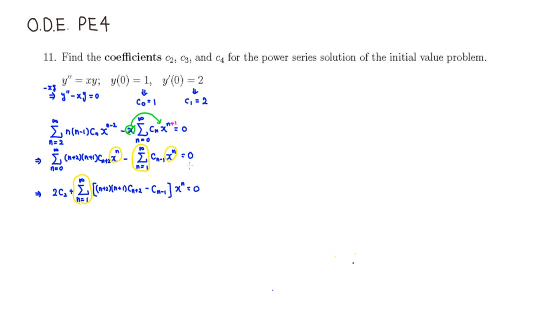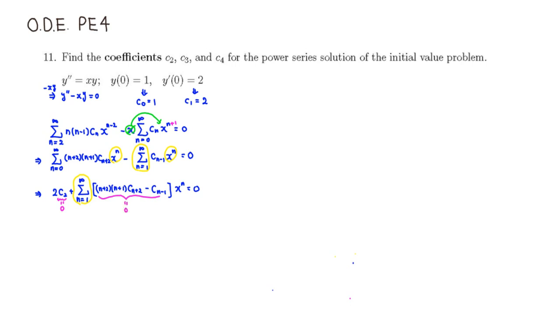We need to make sure that all the coefficients will be 0. So I'm going to set this one equal to 0, and then we set this other one equal to 0.